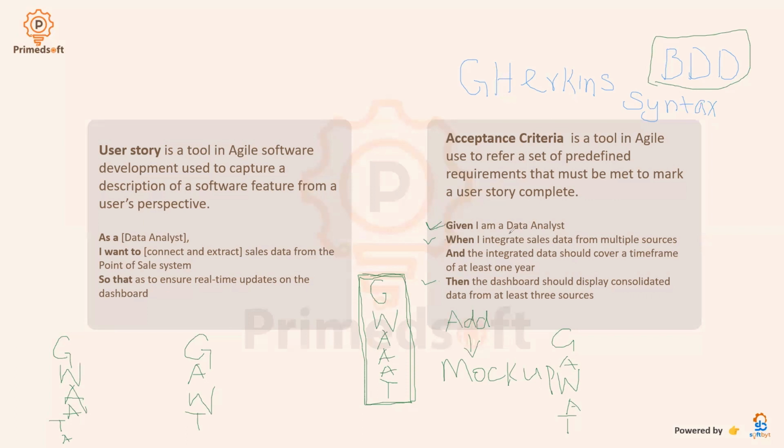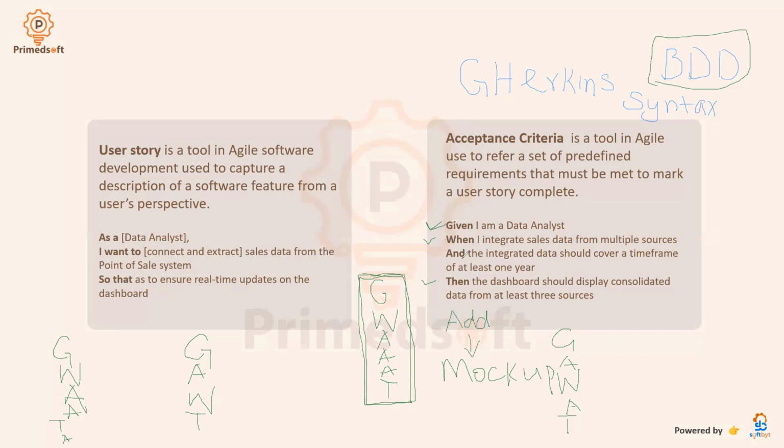So remember, this is the users, it's the role of the user. It could be the restaurant owner, it could be a business owner, but this is built based on who is going to use it. Then what you're going to do, like the action you're going to take, after the action, what is the result you're expecting?